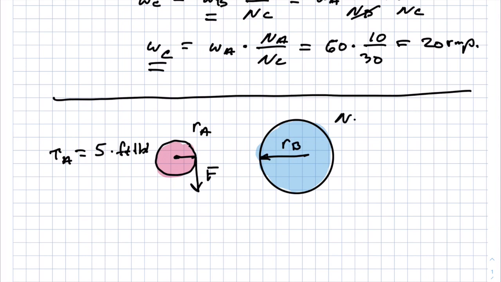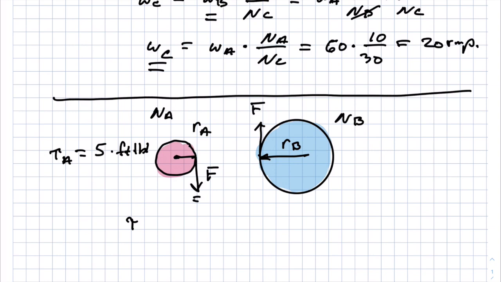This has NB teeth, and this has NA teeth. What we know is that this force interacting with gear B is in the opposite direction if you did a free body diagram for gear B, but it's the same magnitude.